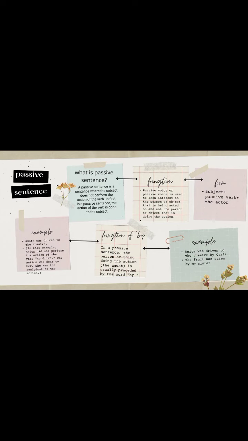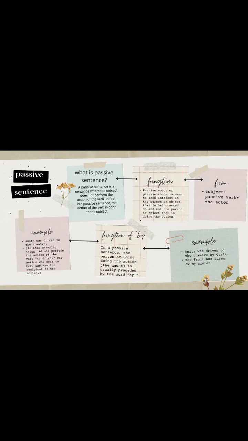Now we're going to talk about the example. Here, I give you guys one example, and in this example, I already put the explanation. So let me read the example for you.